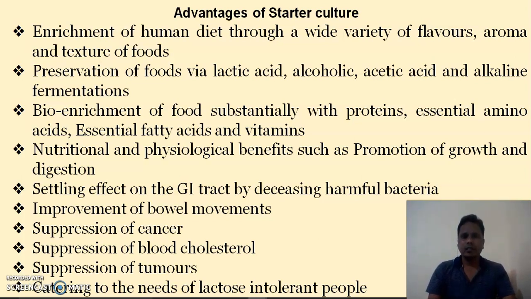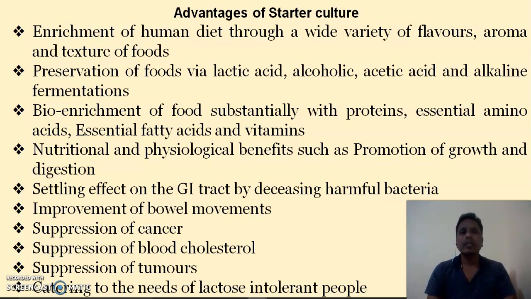Again, starter culture also helps to suppress the cancer cell, cholesterol or tumors. So these are a few important advantages of this starter culture. One more important point is that the persons who cannot digest the milk are called lactose intolerant people.